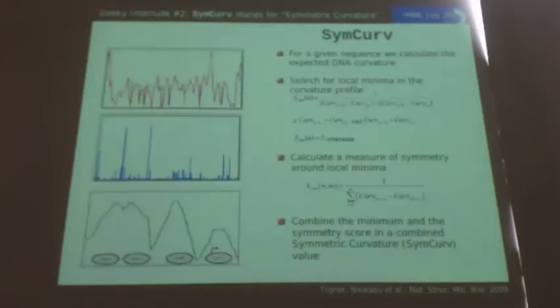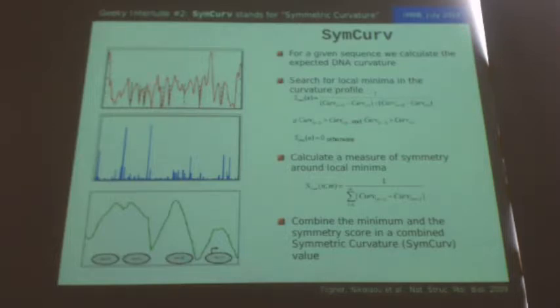So our approach had to do with transforming the DNA curvature, the theoretical calculations of DNA curvature, passing it through a certain filter, locating the local minima, and then asking for these minima to be in the middle of a symmetrical curvature. So this is what these equations tell us.